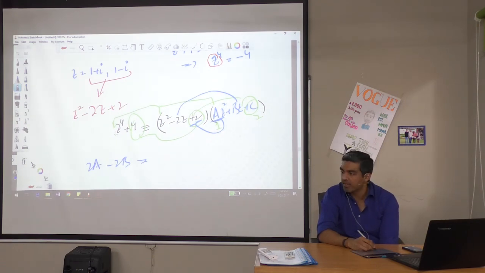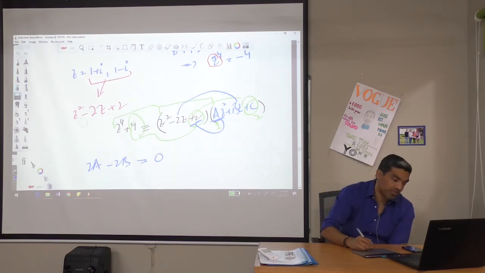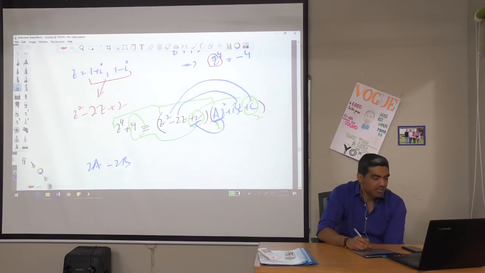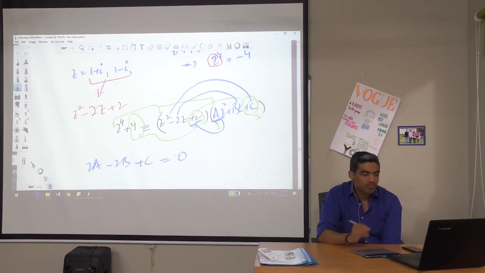And equating it to the z squared term on the left. Is there any z squared term on the left? No. That means the coefficient is 0. Yes, c times c also, sorry, I forgot. So there's a plus c as well, and this is equal to 0 because there's no z squared term on the left side.